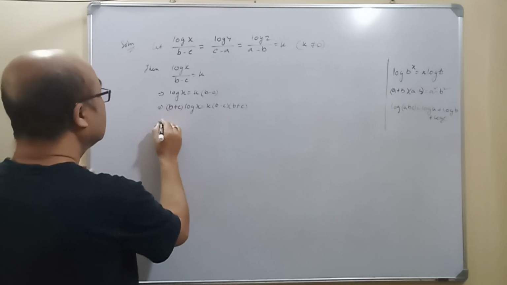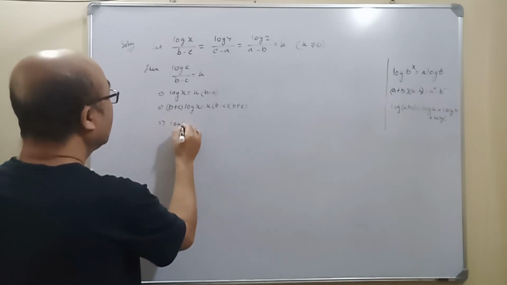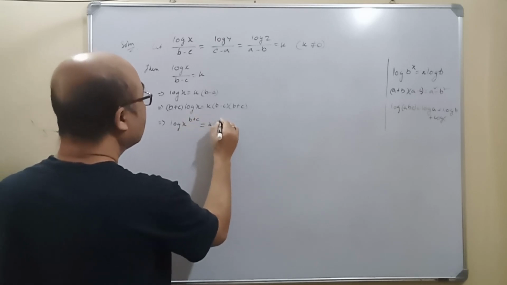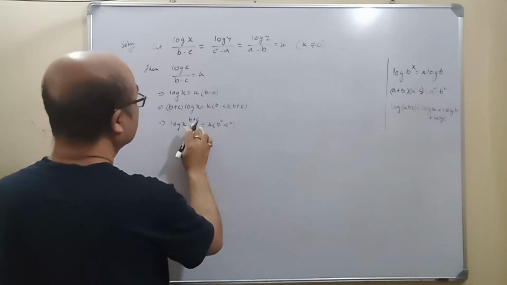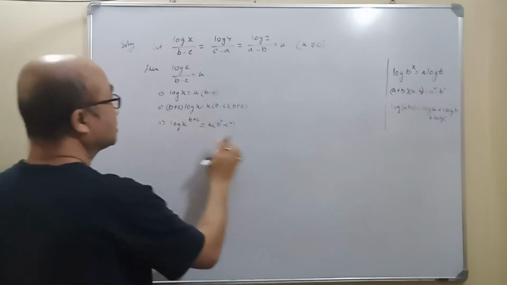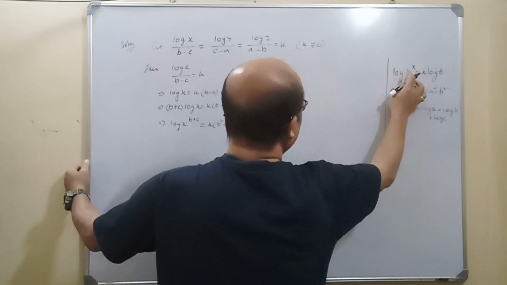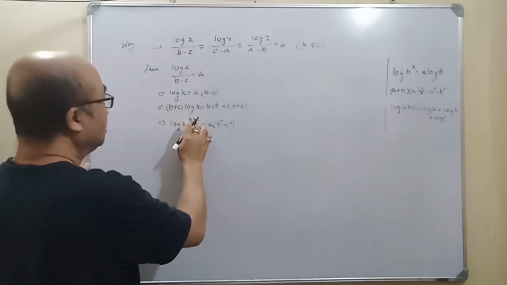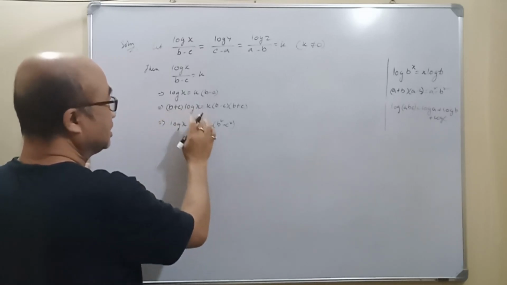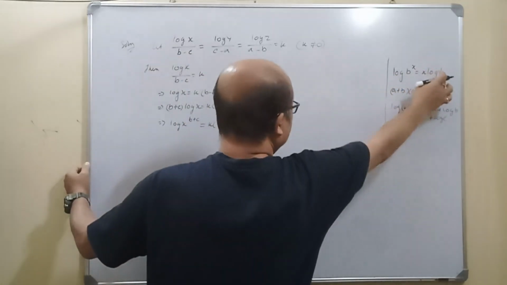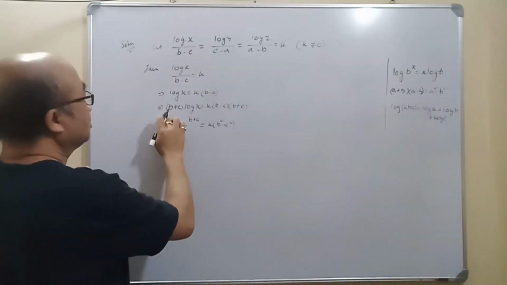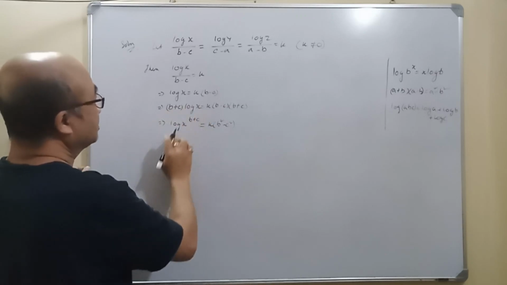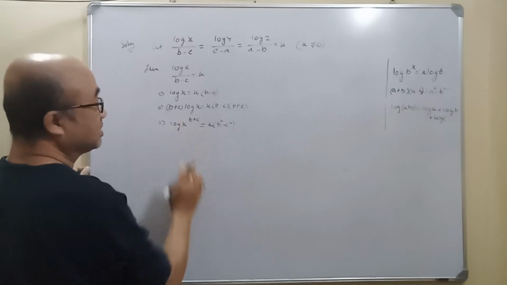Using the formula log of x to the power b is b log x, the factor b plus c multiplying log x becomes log x to the power b plus c.